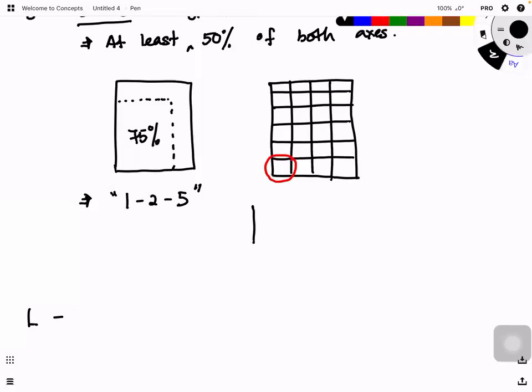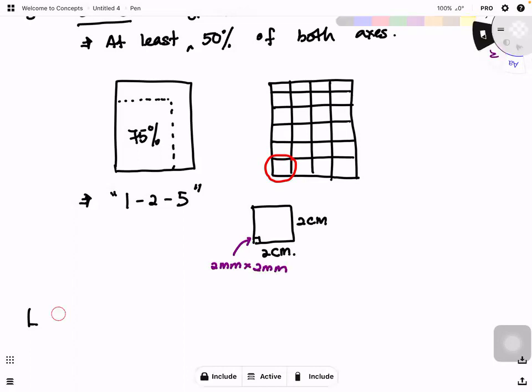This one box is actually 2 cm by 2 cm, and these 2 cm are divided into 10 boxes, so each small box is 2 mm by 2 mm. Are you clear? So I'm going to talk about this by the 2 cm.